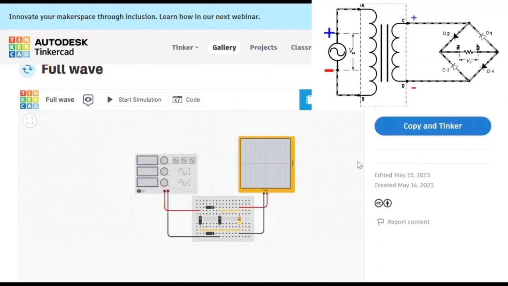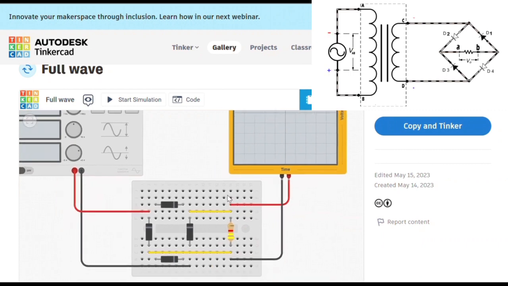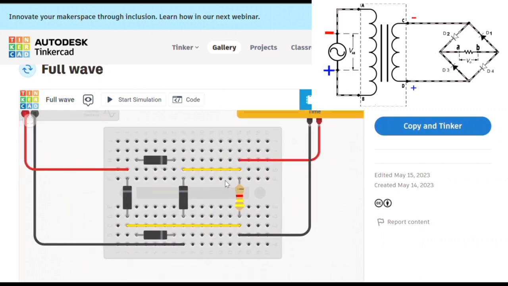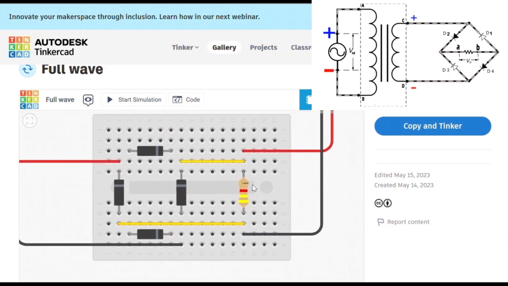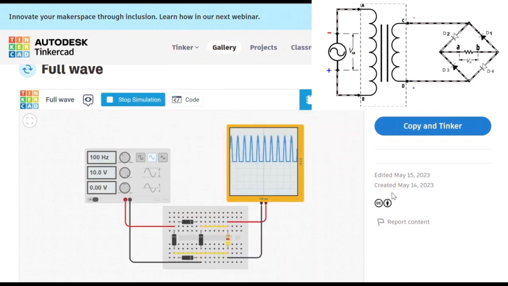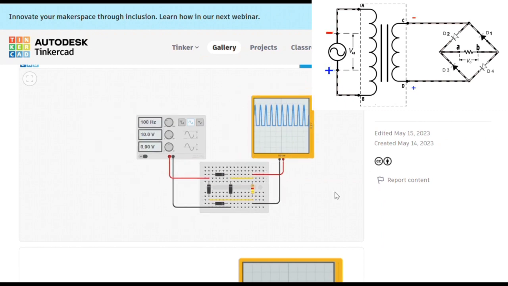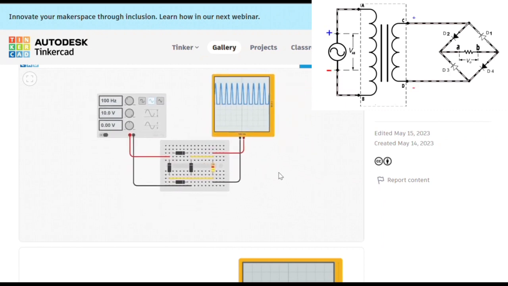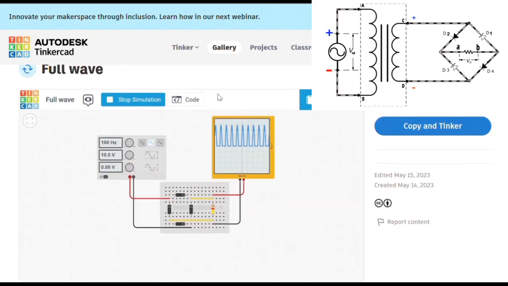This circuit uses four diodes arranged in a bridge configuration to rectify both halves of the input waveform. During the positive half cycle, current flows through two diodes and the load resistor, and during the negative half cycle, current flows through the other two diodes and the load resistor.